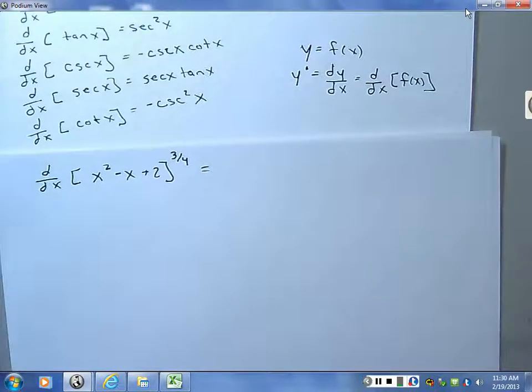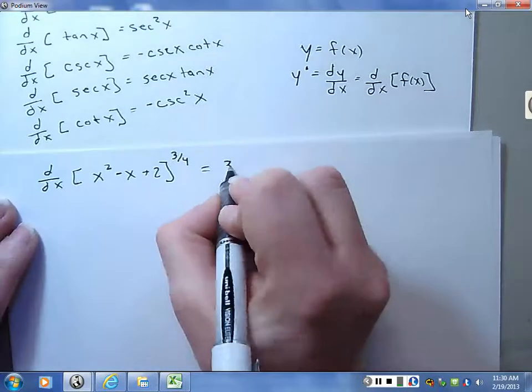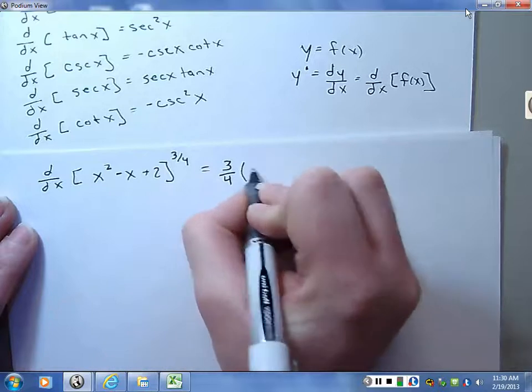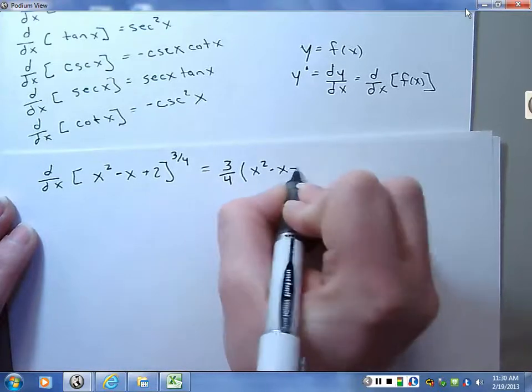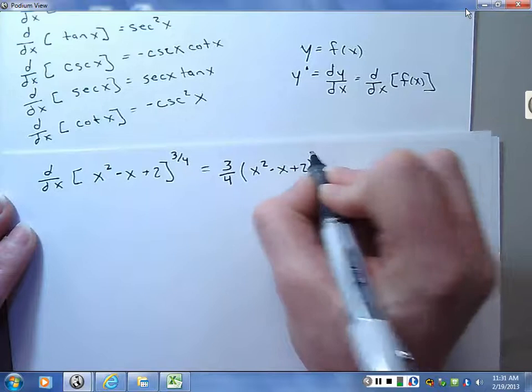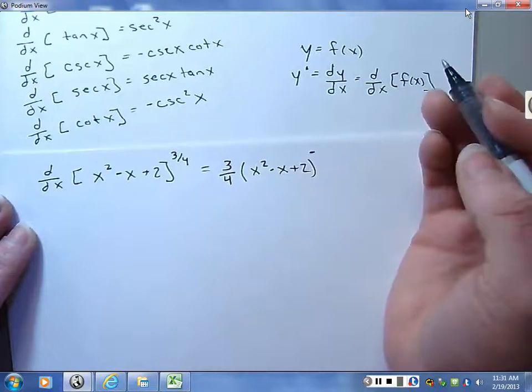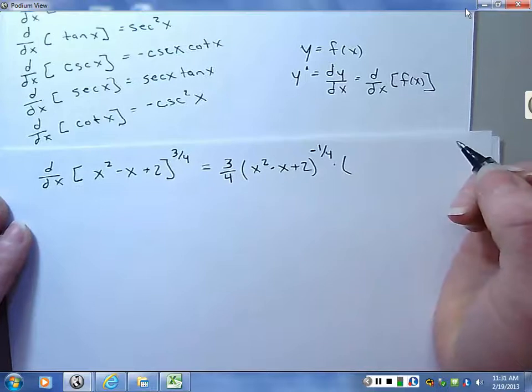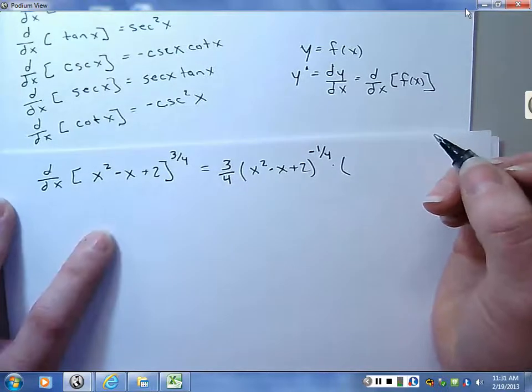Something to the 3/4. So what would be the derivative of something to the 3/4? Yeah, very good. 3/4, that's something to the minus 1/4. So for the outside function, I bring down the power, hold the inside function, times 3/4 minus 1, which would be minus 1/4, times the derivative of the inside. And what's the derivative of the inside?